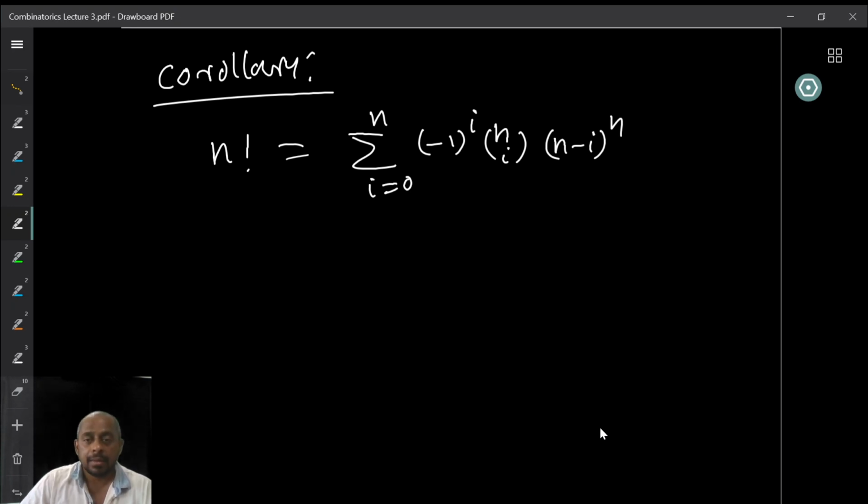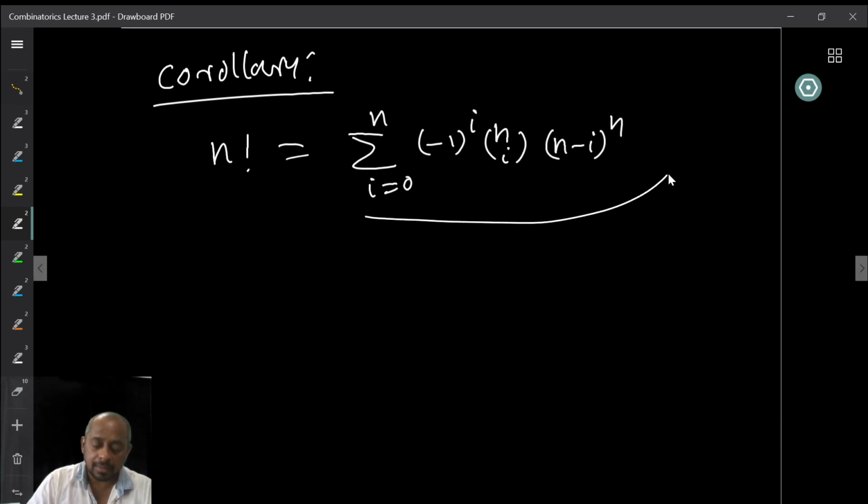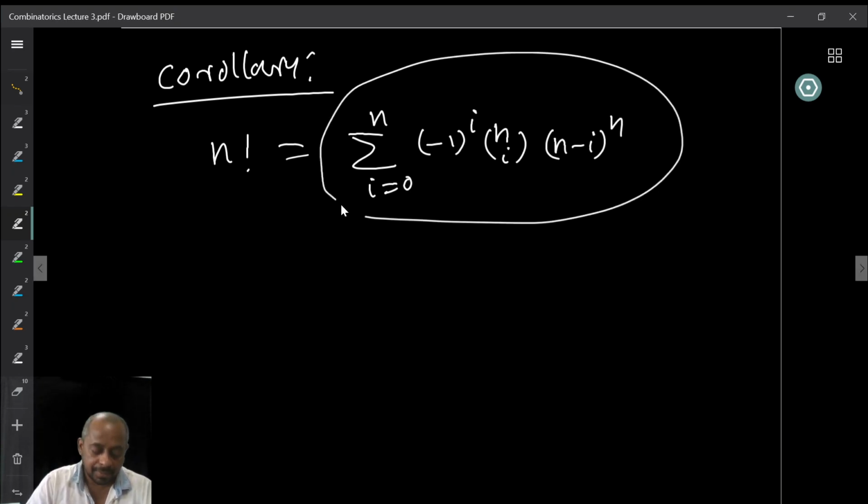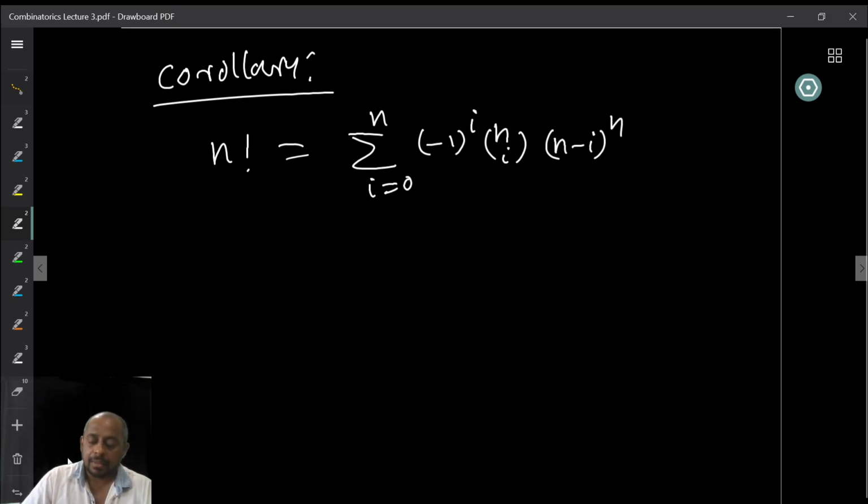A surjection from a set to itself. So therefore, the number of permutations is precisely n factorial, and therefore the number of surjections from a set to itself must also be n factorial. And this is the formula for the surjections from a set to itself, and therefore this counts the total number of permutations.